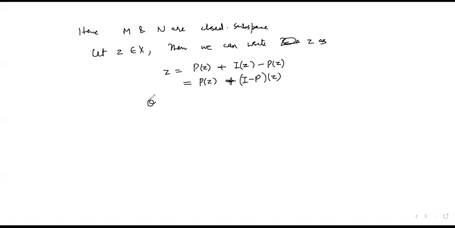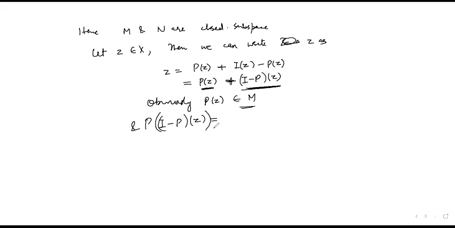Now obviously, by definition, P of z belongs to M, the range of P. Now we will show that this other vector lies in N. I minus P of z, if I apply P again to it, P of I minus P of z should be equal to P of I of z minus P of z.